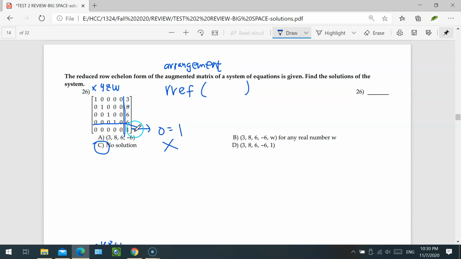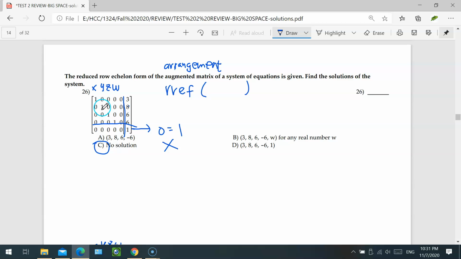So when I look at the result of this augmented matrix, the first column has the single 1 and the remaining numbers are 0. So that means your x equals 3. The second row here only has the single 1 located on the second column.